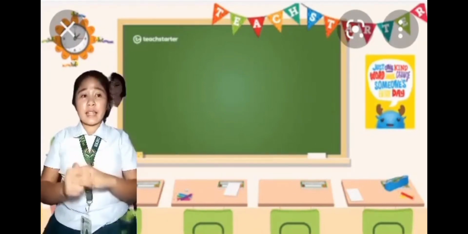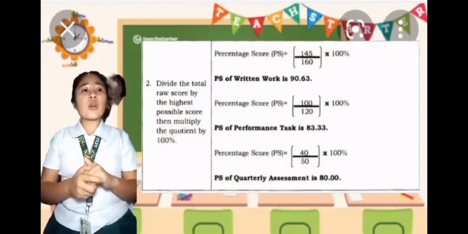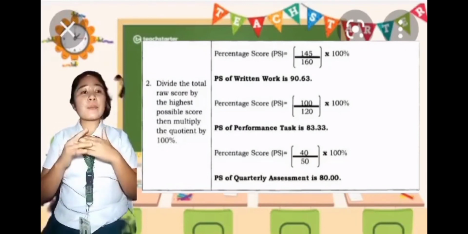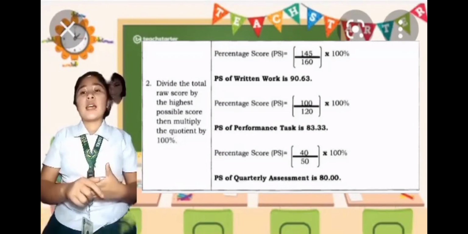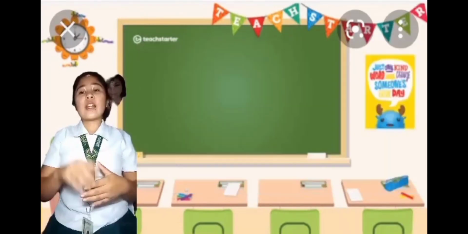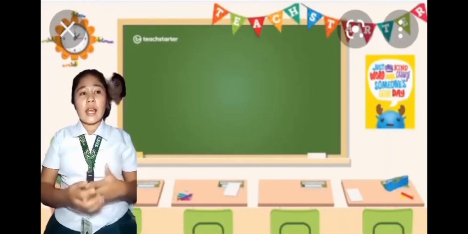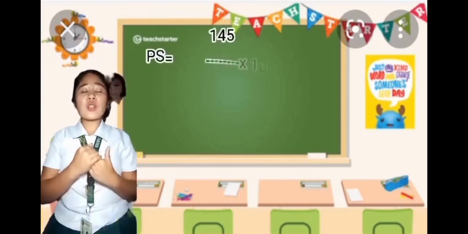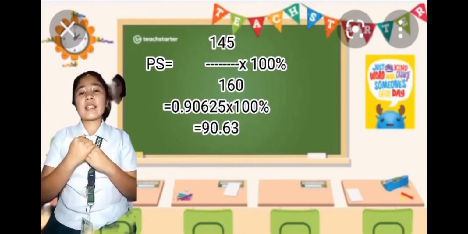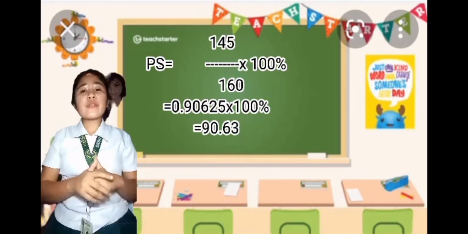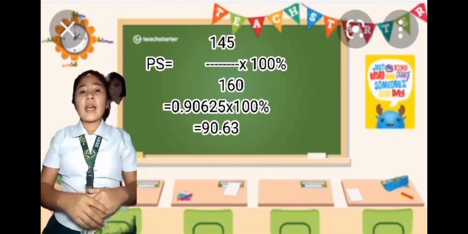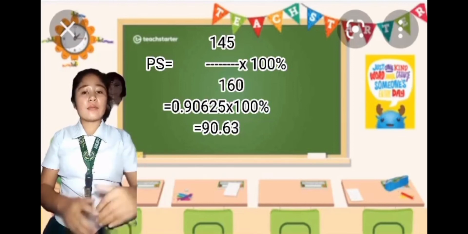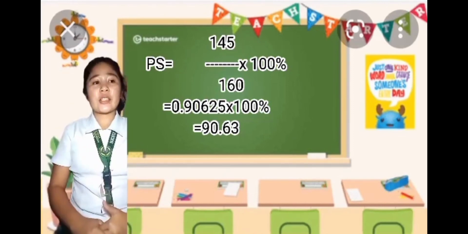Using the first step, divide the total raw score by the highest possible score, then multiply the quotient by 100%. For example, in written works, 145 is the total score, and the highest possible score is 160. So 145 divided by 160 times 100%. What will be the answer?